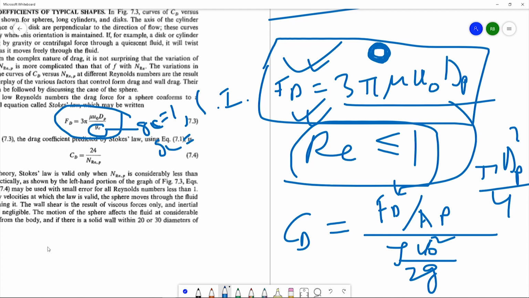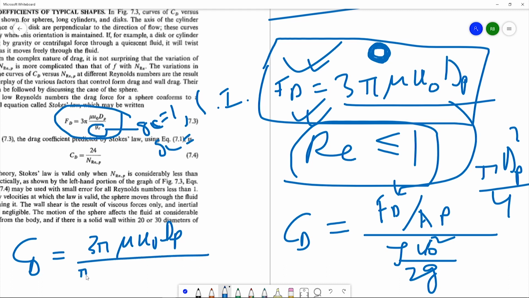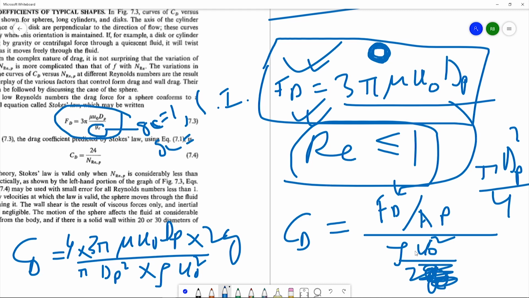So Fd is 3 pi mu u naught dp, and the projected area is pi dp square by 4, and you have the velocity head rho u naught square by 2, with gc equal to 1.